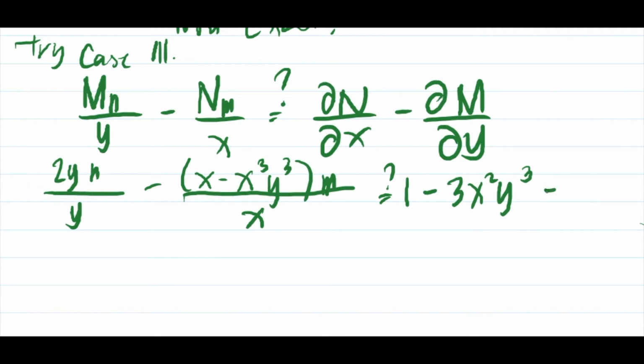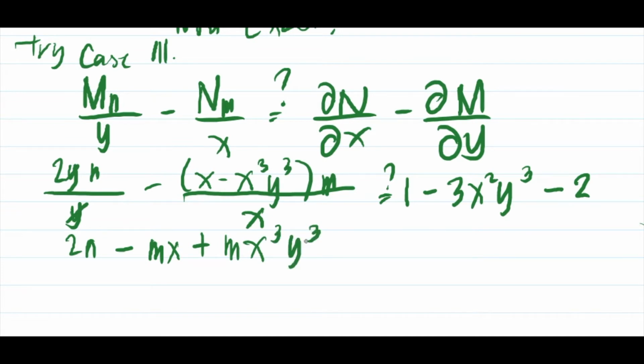Cancel out y, so this is equal to 2n minus distribute n, so this is mx minus, distributing the negative sign, plus n x cubed y cubed, divided by x.